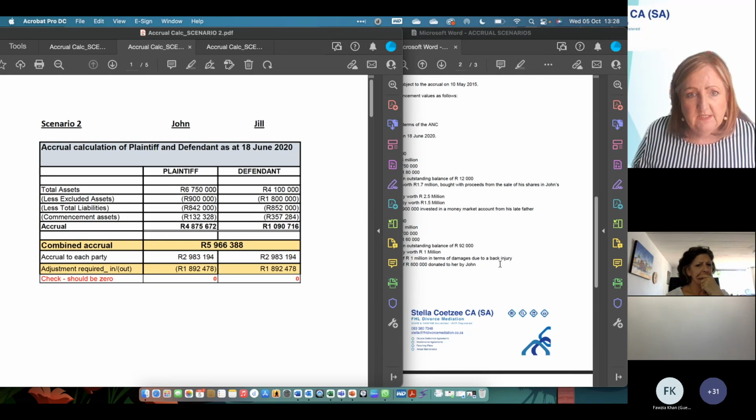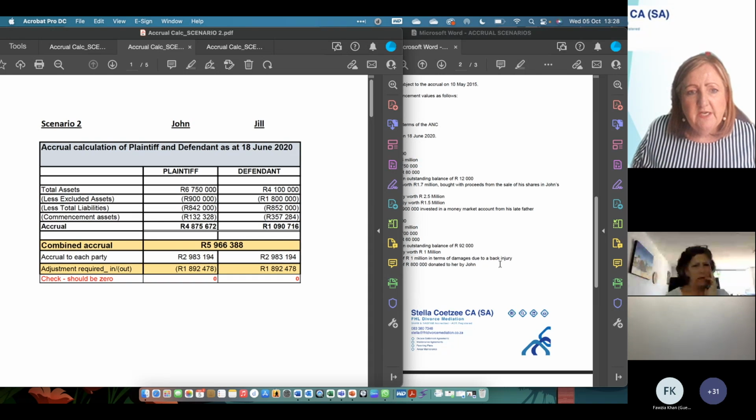357,000. That is deducted. So again, just to run it quickly, for the combined accrual, it's the 4.8 million of John plus the 1 million of Jill, which gives us a combined accrual of 5.9 million. You take the 5.9 and divide it by 2, and that's the amount that each person must have at the end of the day.